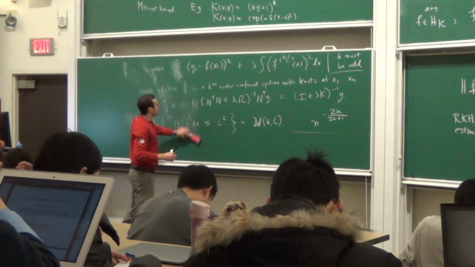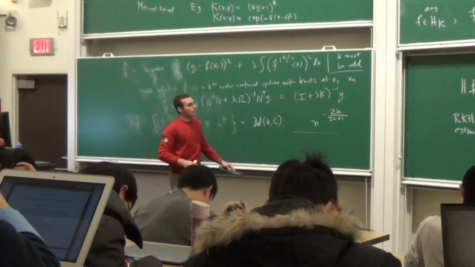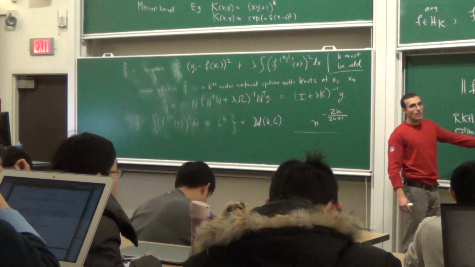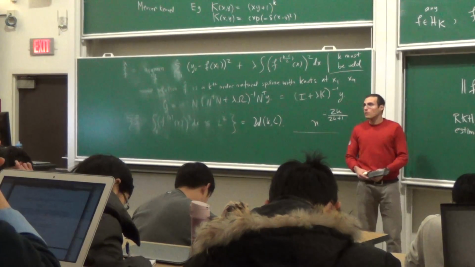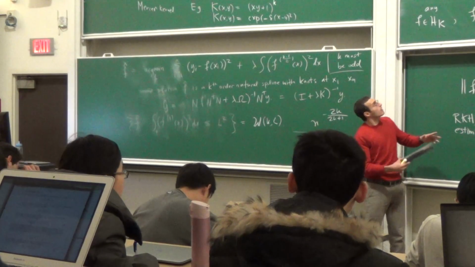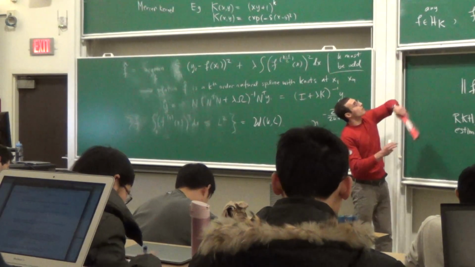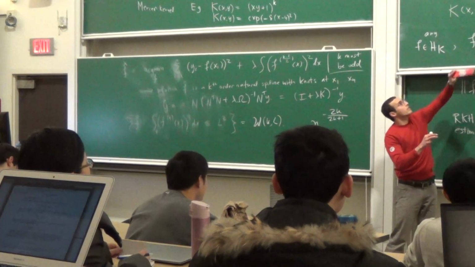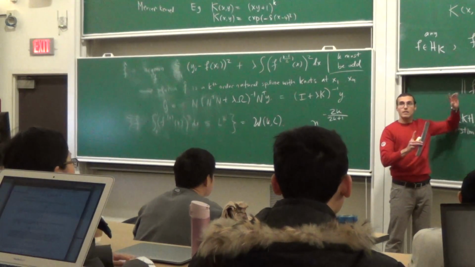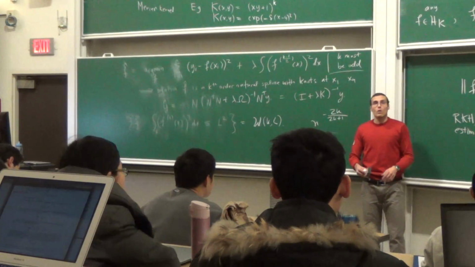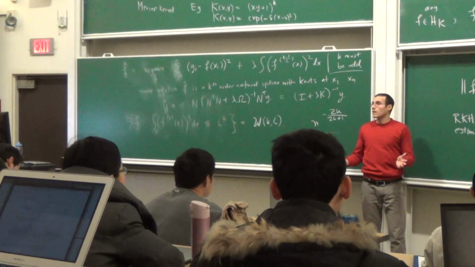It basically says that I can represent the solution to this problem as a linear combination of kernel functions where I fix the second argument. Well, that we already knew, right? That's just the definition of the reproducing kernel Hilbert space. It's a linear combination of kernel functions after I fix the second argument. But the representer theorem says that we can fix the second argument only at the data points, xi.